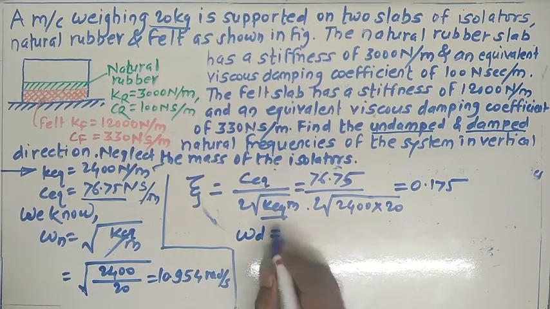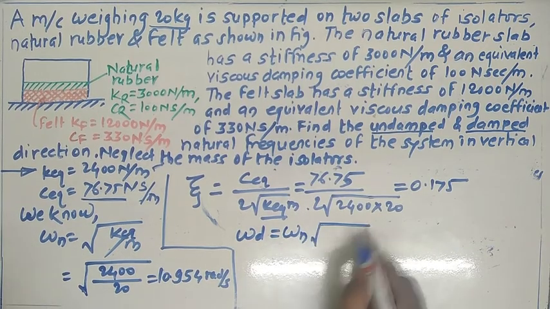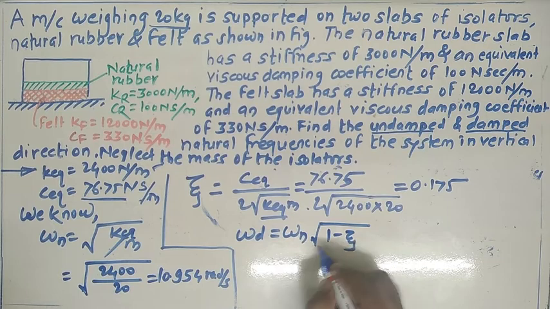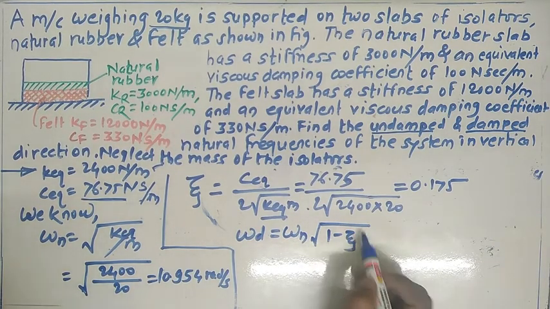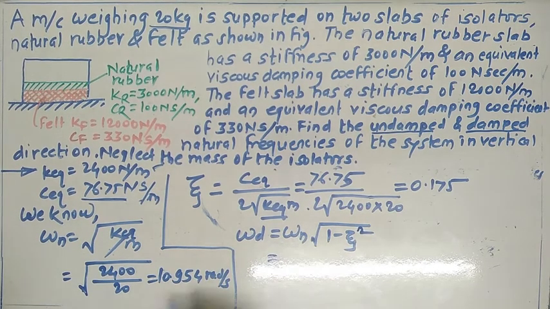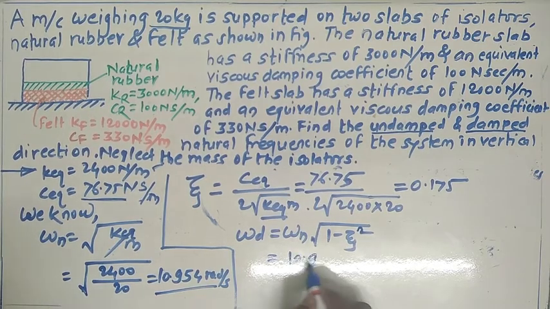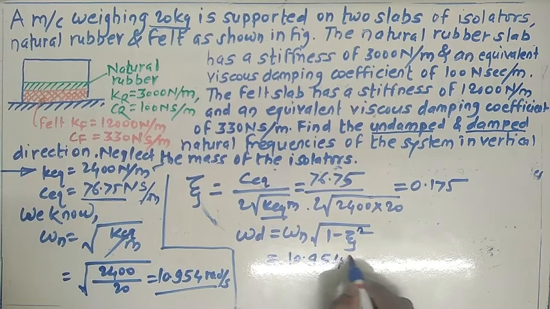Okay, so omega d is nothing but omega n into, sorry, omega n into square root of 1 minus zeta square. This is the relation with us. What about the omega n? The value for omega n is already available here. So 10.954 multiplied by square root of 1 minus zeta square.